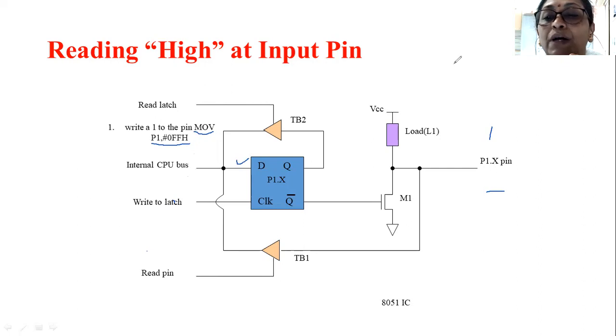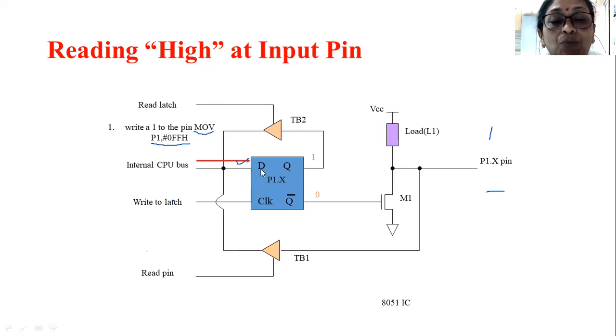Okay. So when D is at logic 1, further what will be done? See, 1 is written to the D input, and thereafter the write to latch signal is applied. When write to latch signal is applied, then what will happen?